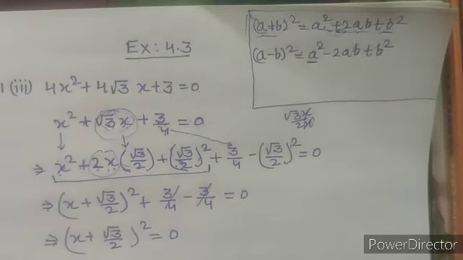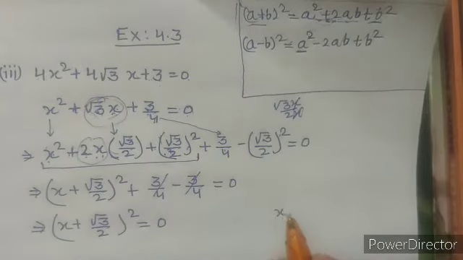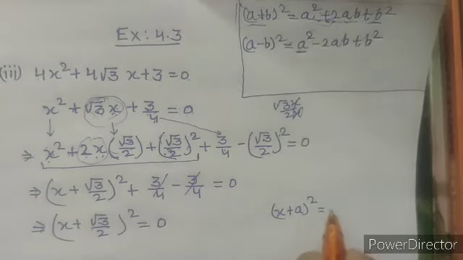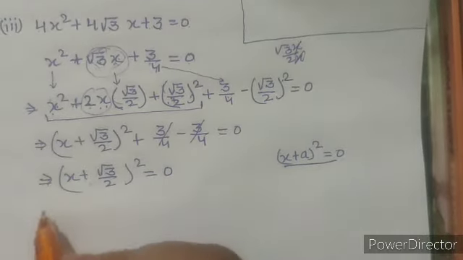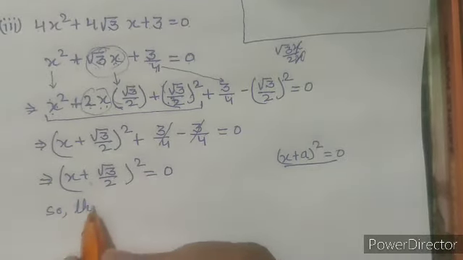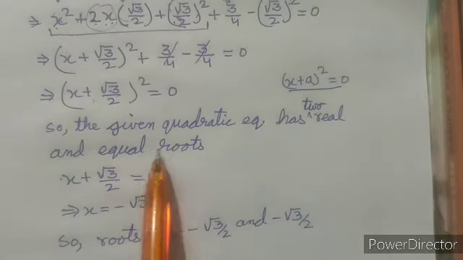Now if we get the solution of the quadratic equation as (x plus a) whole square equal to 0, then we can say that the given quadratic equation has two real and equal roots.